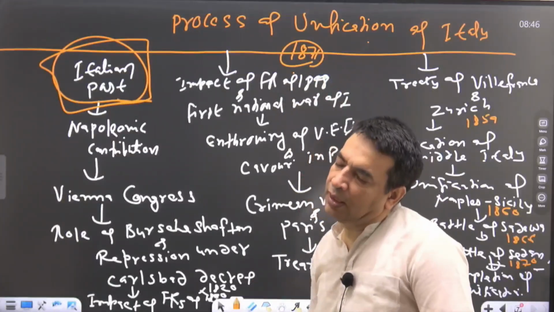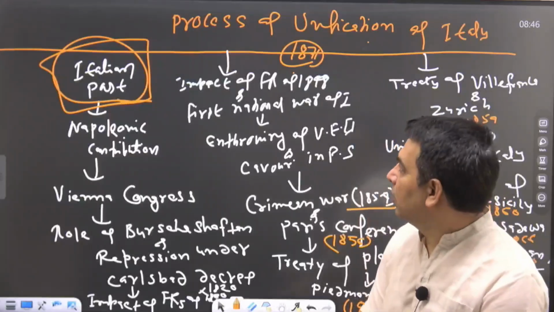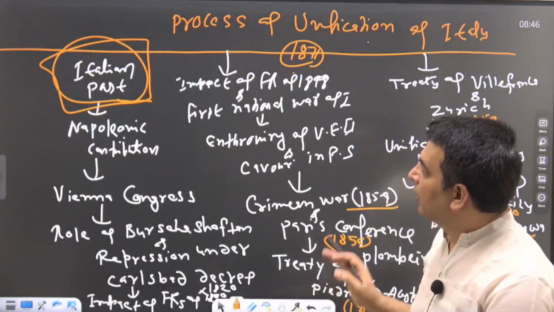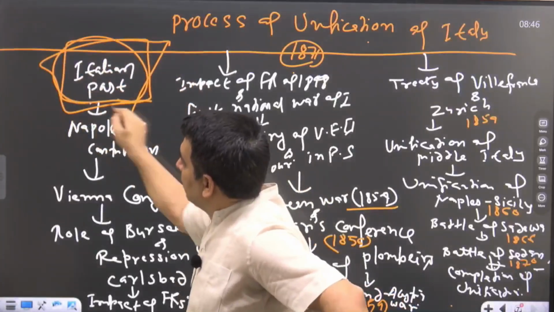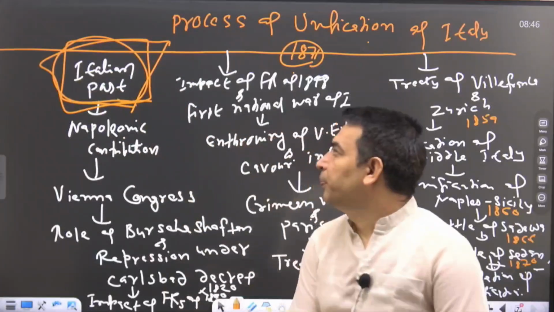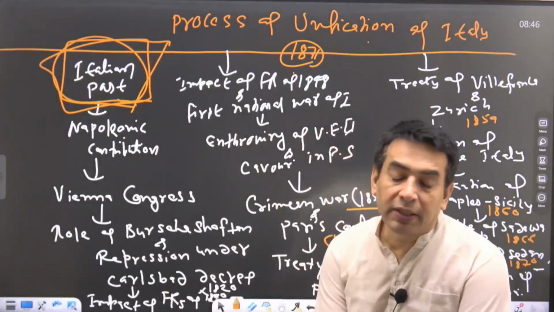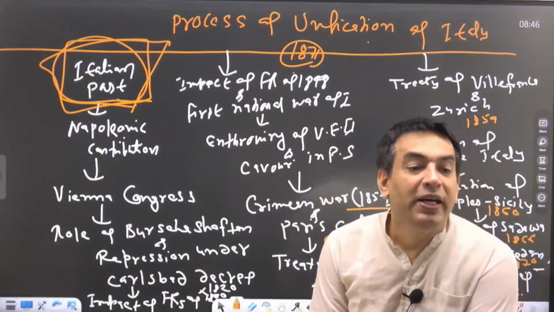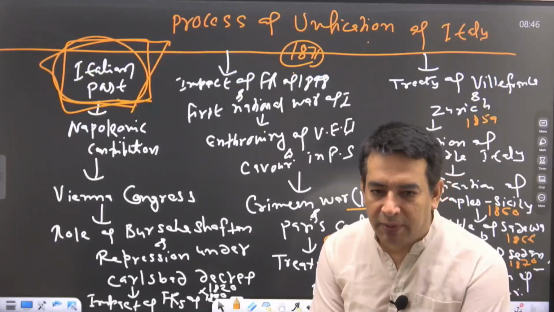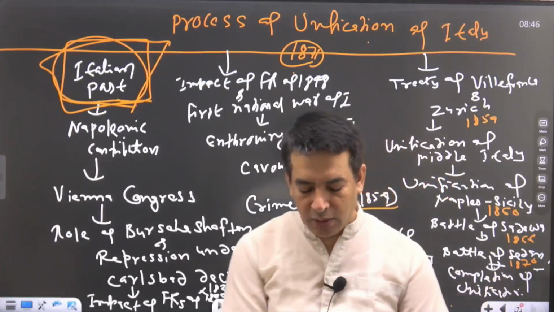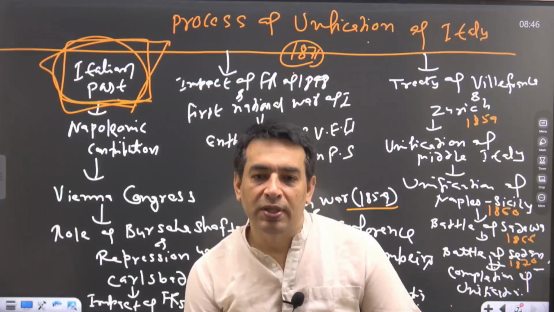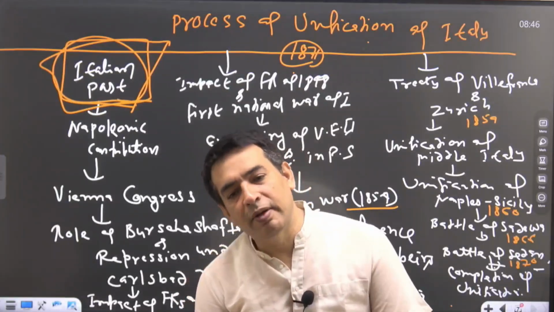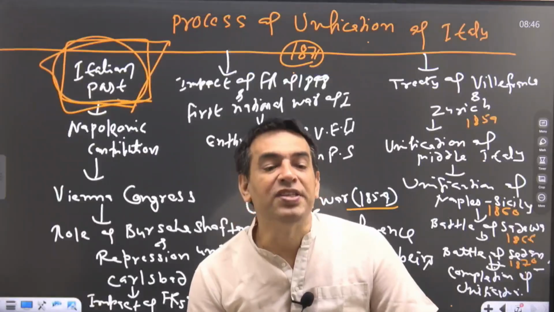So when we see the process of the Italian unification, first thing is that the Italian past was very glorious because it was the center of the Roman Empire, a very old empire. And what was the timeline of the Roman Empire? Roman civilization, the mature phase, developed in 500 BC.